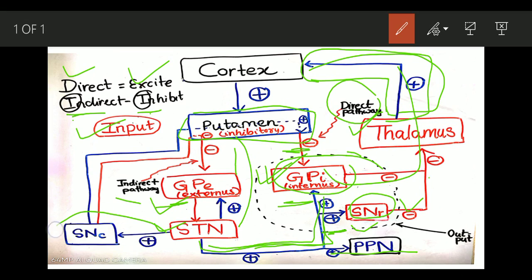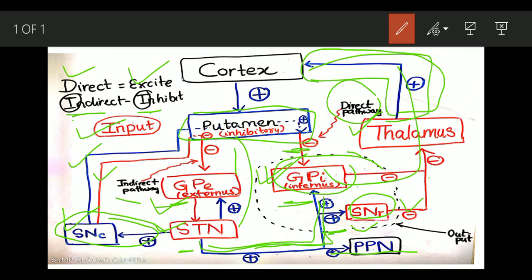An important thing is regarding Parkinson's disease. In Parkinson's disease, there is a decreased amount of dopamine in the substantia nigra pars compacta, which was getting stimulated by the subthalamic nucleus. The substantia nigra pars compacta facilitates the direct pathway, it stimulates the direct pathway and inhibits the indirect pathway.